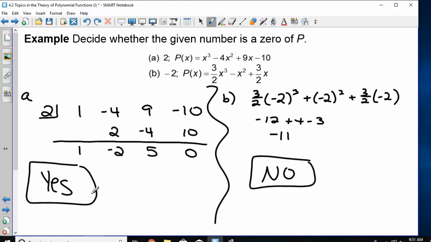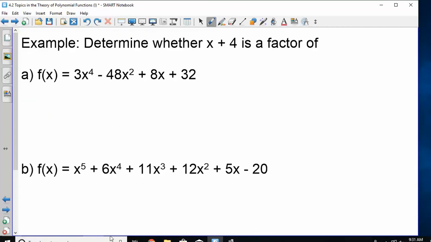All right. One last slide, and then we're stopping for today. I want to know if x plus 4 is a factor of each of these. So, same question, just asked a different way.